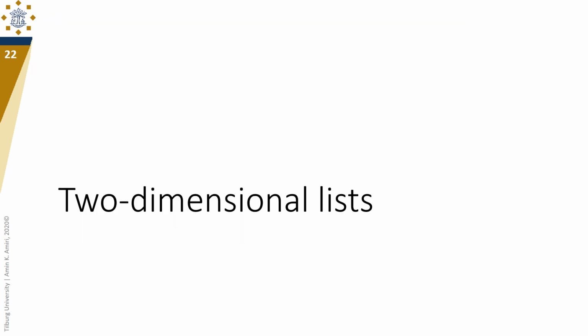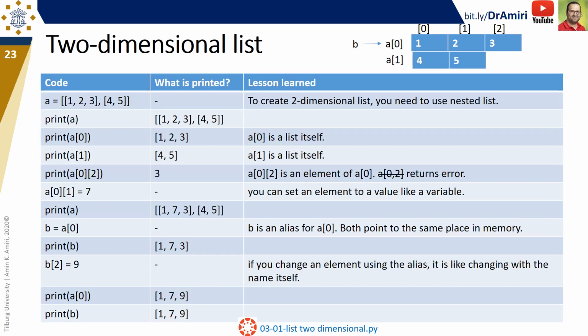Now that you learned how to work with one-dimensional lists, let me introduce you to two-dimensional lists. You can create two-dimensional lists by having brackets inside brackets. As you can see here, A has two rows. In the first row, we have the elements 1, 2, and 3. And then in the second row, we have the elements 4 and 5.